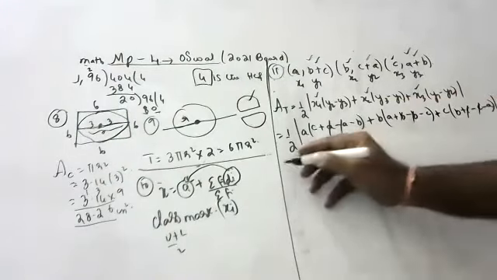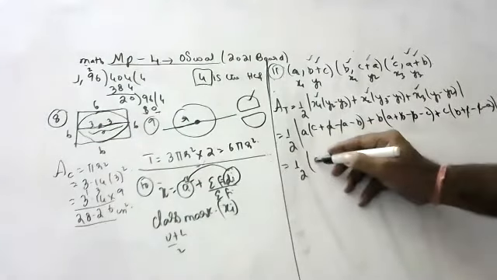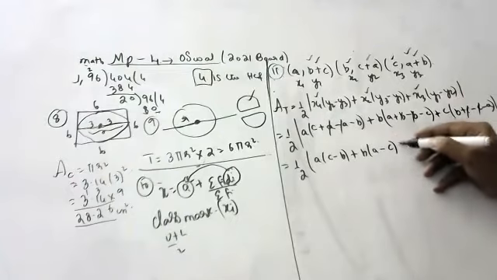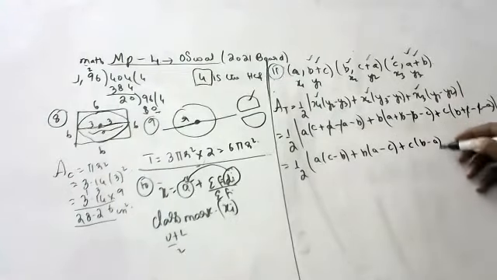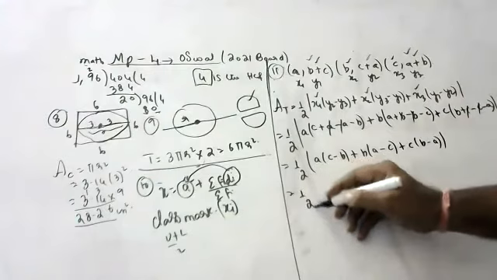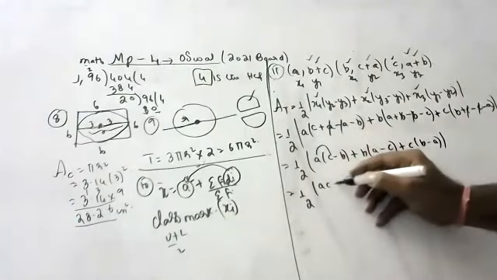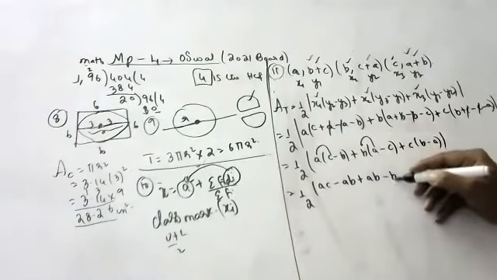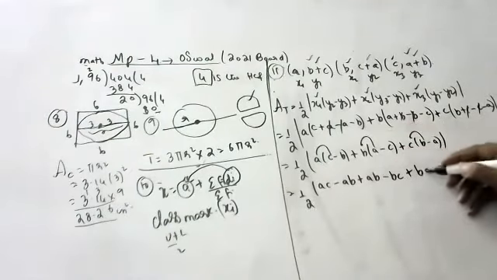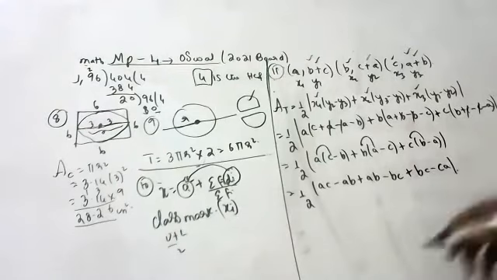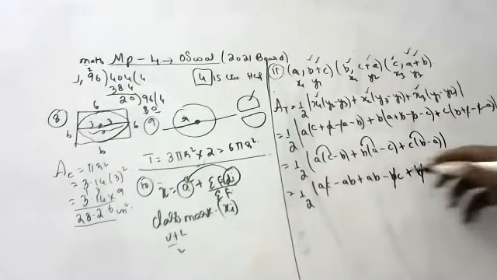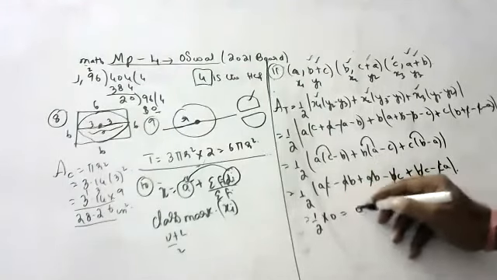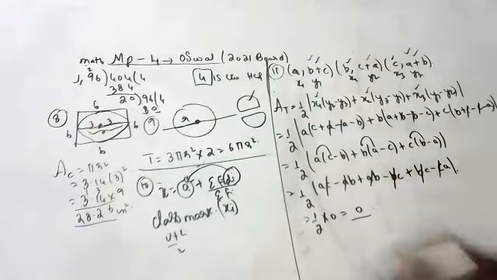Plus half into A, B, C. Half into AC minus AB plus BA minus BC plus CB minus CA. Anything gets cancelled? BC, AC, CA cancel, half into 0 equals 0. Area of triangle is 0.